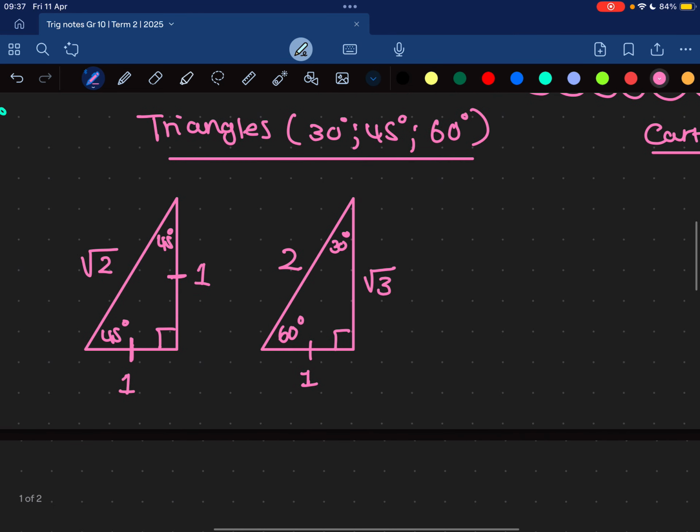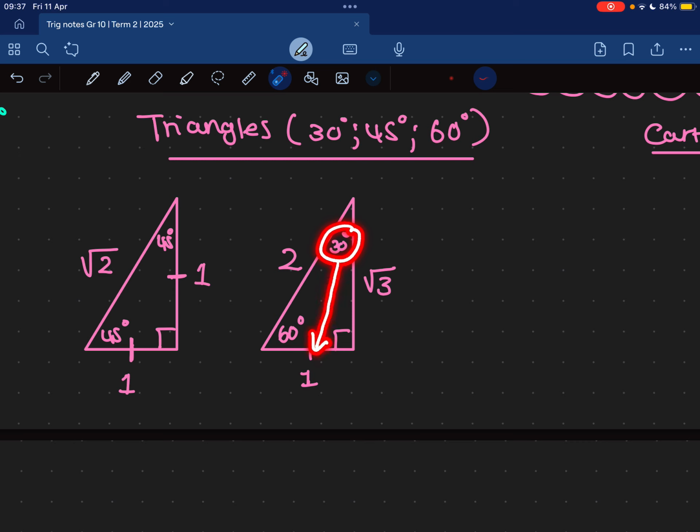So if we're talking about the sine of 30, because we know sine is opposite over hypotenuse, we could go to 30 and say, well, sine of 30 is opposite 1 over hypotenuse 2. So sine of 30 is just a half.